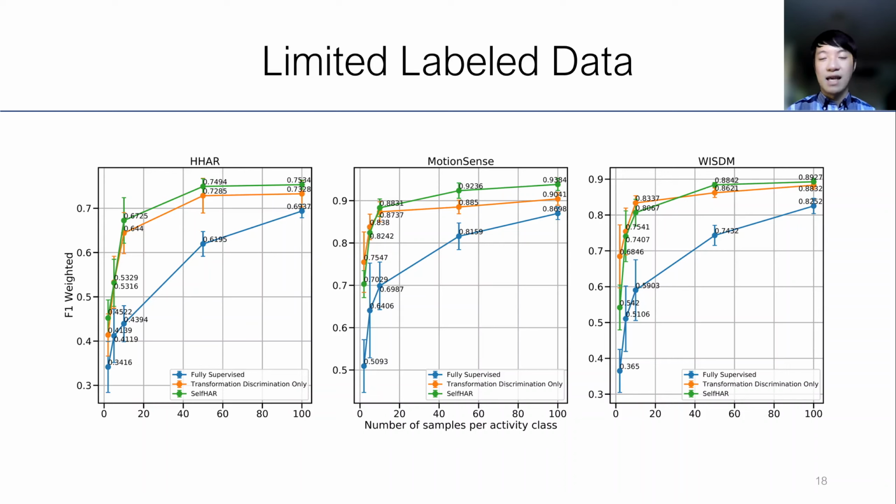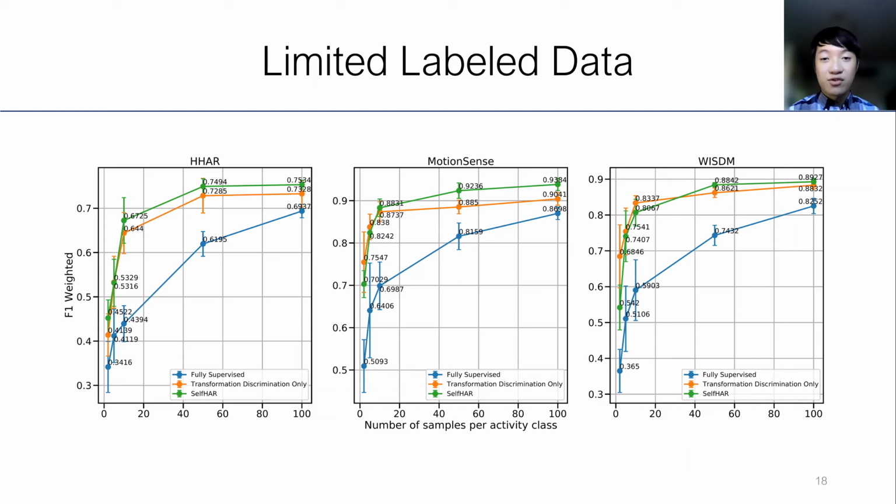And from these 3 plots corresponding to 3 different datasets, we can see that the green plot, which corresponds to our pipeline, is able to outperform the fully supervised baseline, the blue plot, by a large margin in all cases. Furthermore, our method is able to outperform the previous state of the art, the transformation discrimination only pipeline, which corresponds to the orange plot, especially when there are 10 or more labeled samples per activity class.